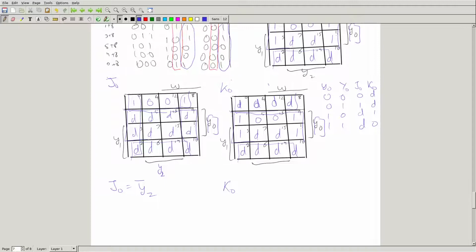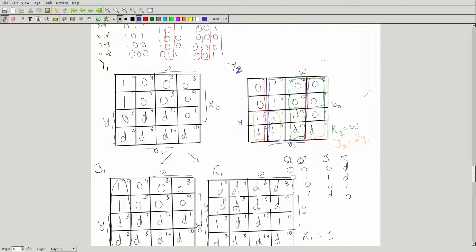And we also notice that we have to flip the y0 to get k0. So we replace ones with zeros and zeros with ones. So now we can have k0 as just one big group of y2. Okay.